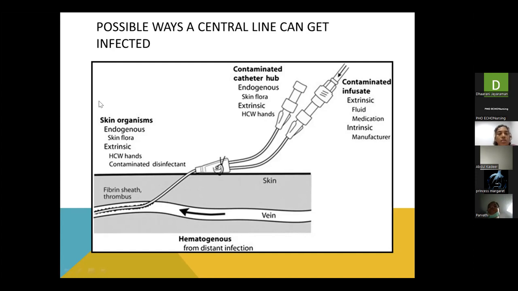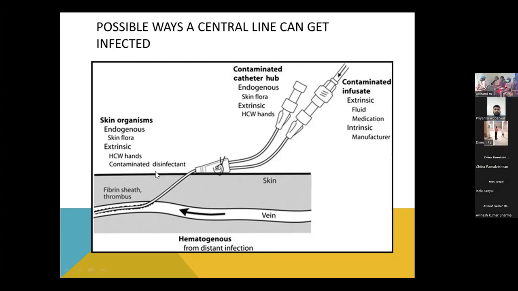So the most common route of infection into a central line would be skin microorganisms. If this layer is the skin, the endogenous skin flora usually tracks along the catheter and enters into the venous line.